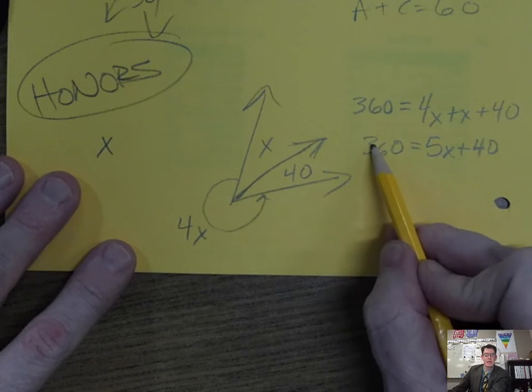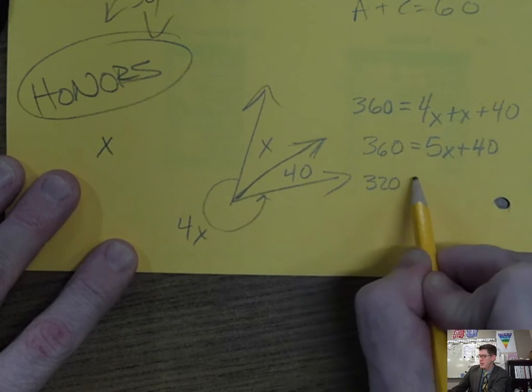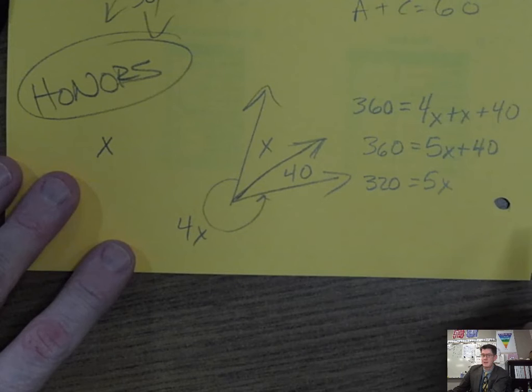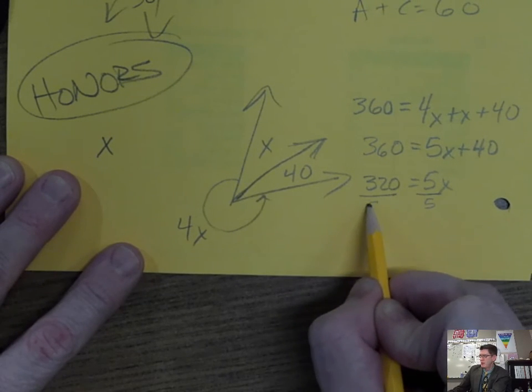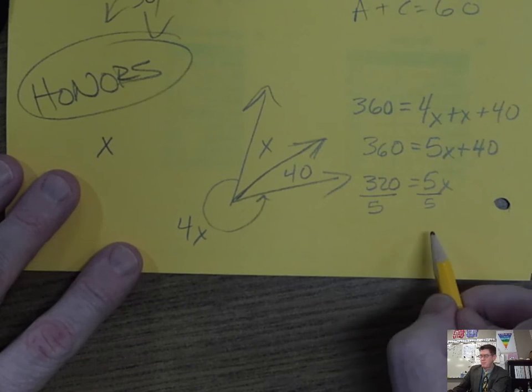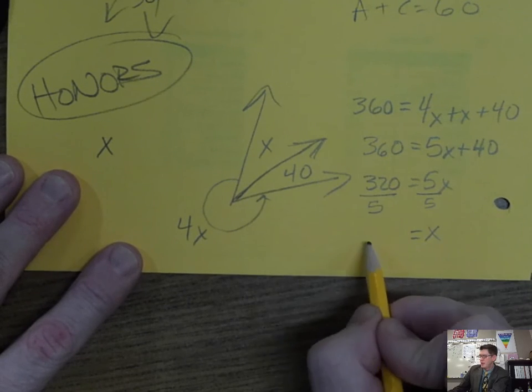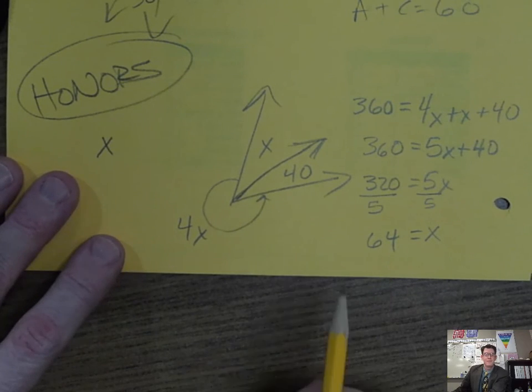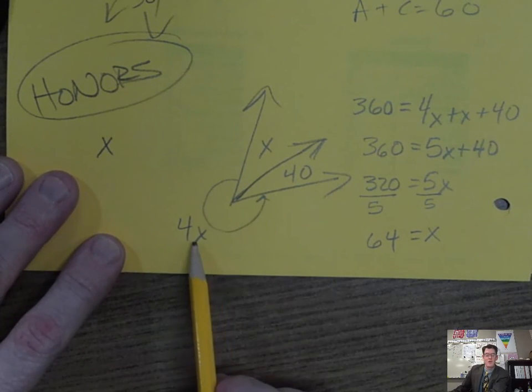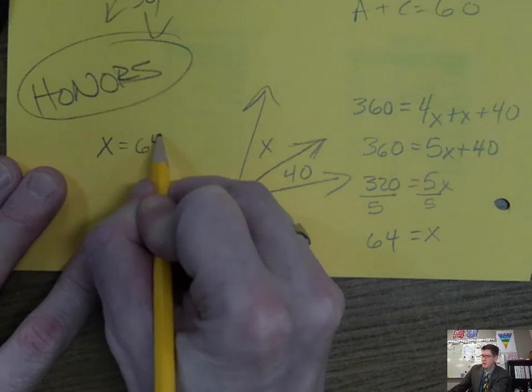If I subtract 40 off of here, I've got 320 is 5X's. We're just doing now the equation work we did earlier this year. Divide both sides by 5, so X equals, you can do this on your calculator, you get 64. So this is 64, this is 4 times 64, but X equals 64.